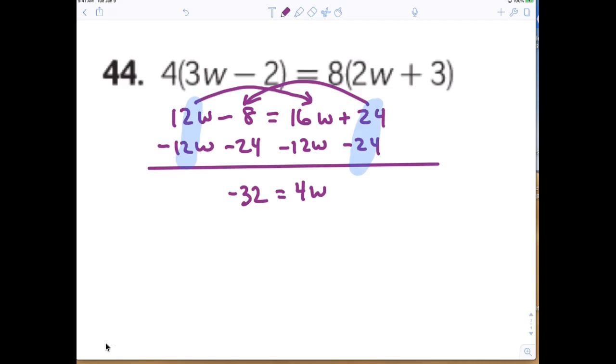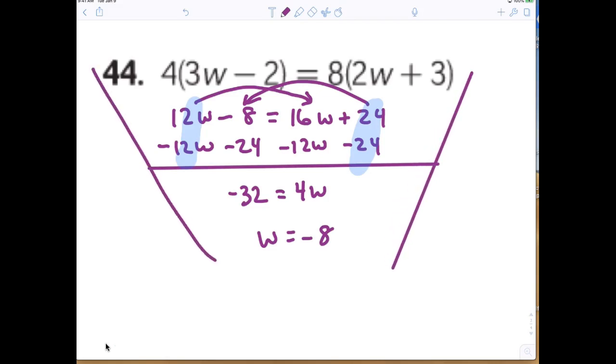Therefore, I got negative 8. w equals negative 8. Once again, just to make sure you're with me, look, that's how your equation should look. Funneling down, all right? Any questions? All right?